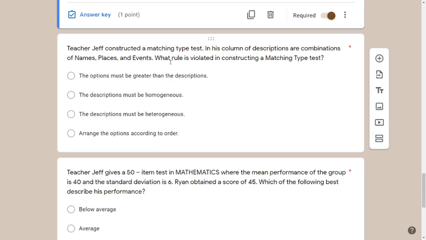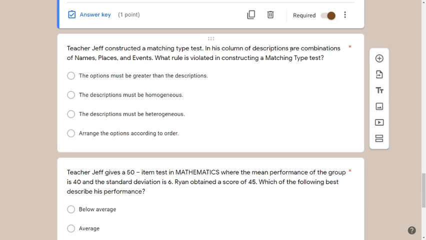The question states, what rule is violated? And there is an example given, right? So what is being violated now? In this question, the column of descriptions are combinations of names, places, and events. In this example, the descriptions are actually different: names, places, and events. So the options are actually heterogeneous.